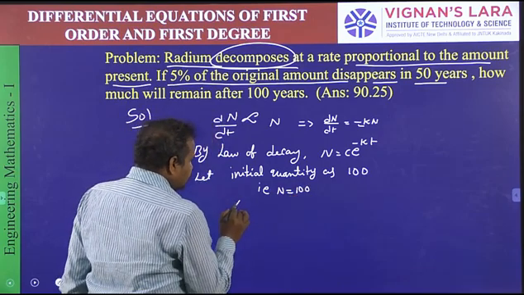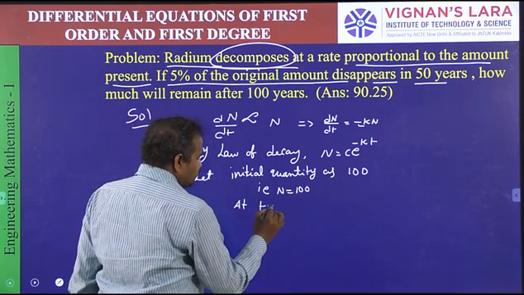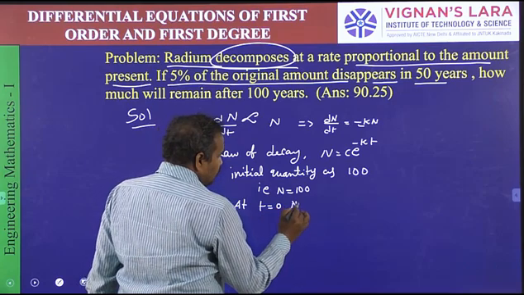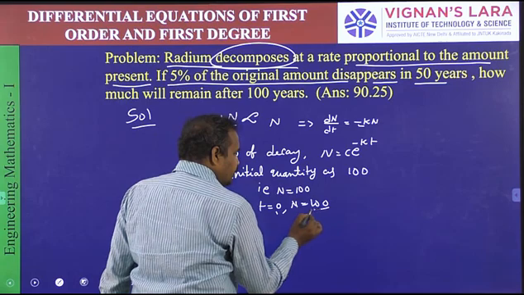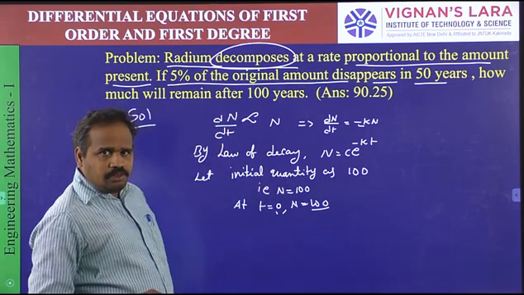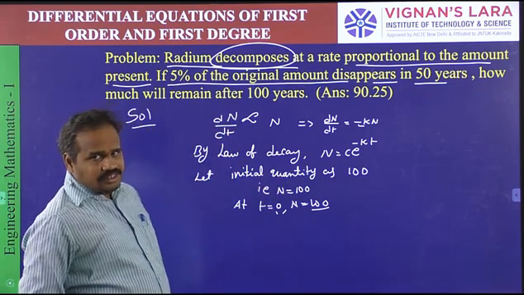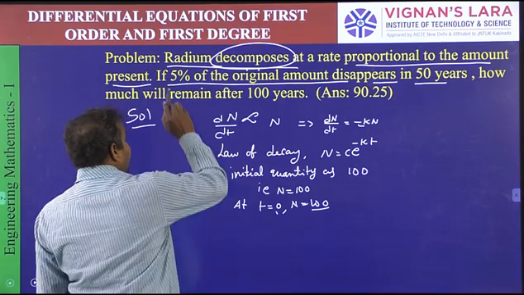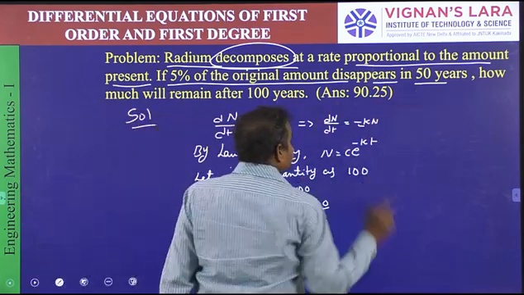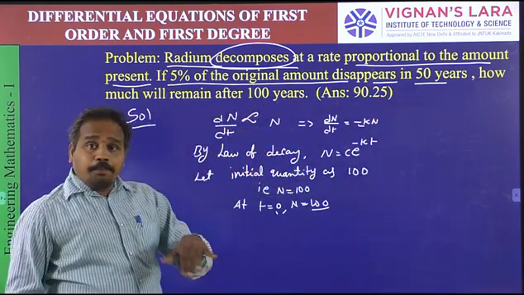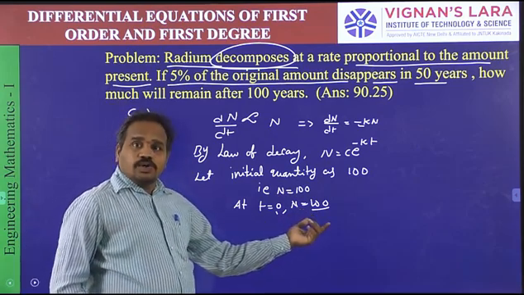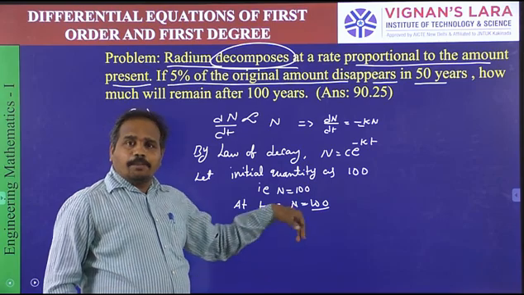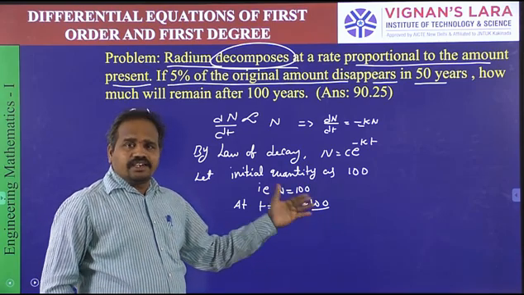Initial means what condition? At t is equal to 0, N is equal to 100. That means at t is equal to 0, 100 quantity is available. 5% of the original amount disappears in 50 years. 5% disappears means in 100, 5% is removed.